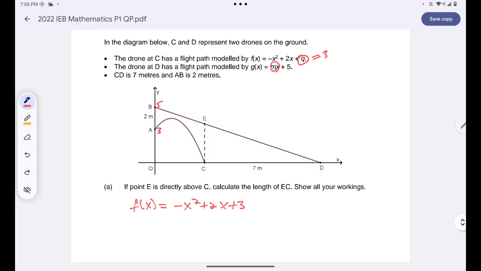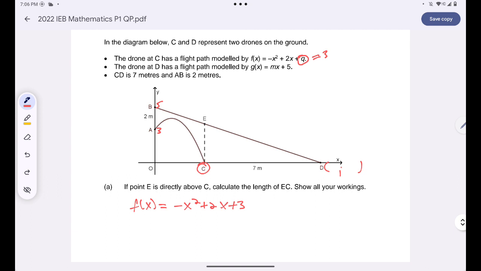But you can find the value of m. If I can find the value of c, it will be easy for me to find the coordinates of d. After finding the coordinates of d, I'll then find m. After finding m, I'll simply say top graph minus bottom graph, then find the vertical distance.